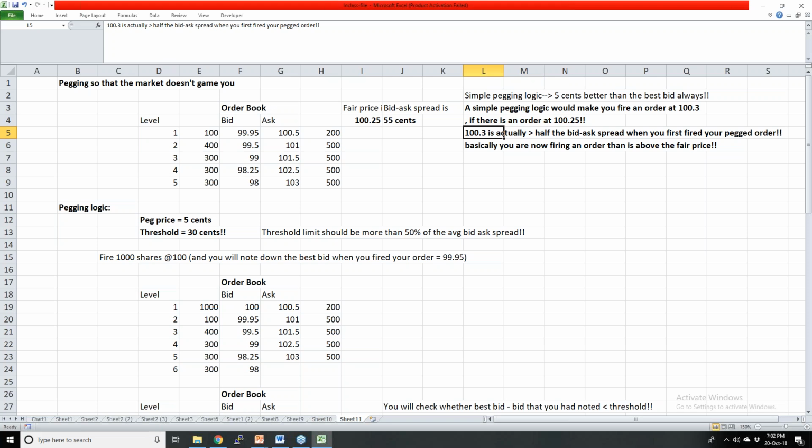So 100.3 is, you've moved above. So basically it means that you've moved above the fair price, right?